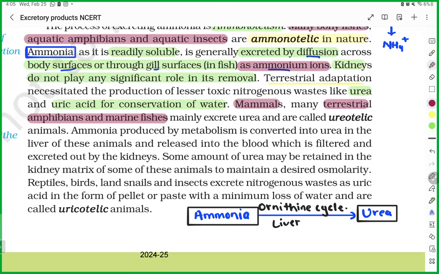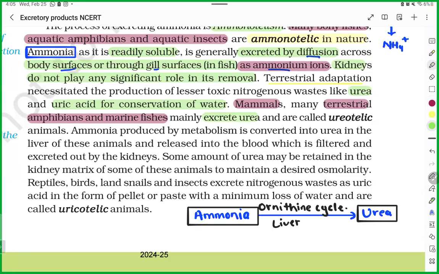So aquatic amphibian, ammonia; terrestrial amphibian, urea, like frog, correct? Bony fish, ammonia, but marine fish, urea. Okay, so these produce urea.